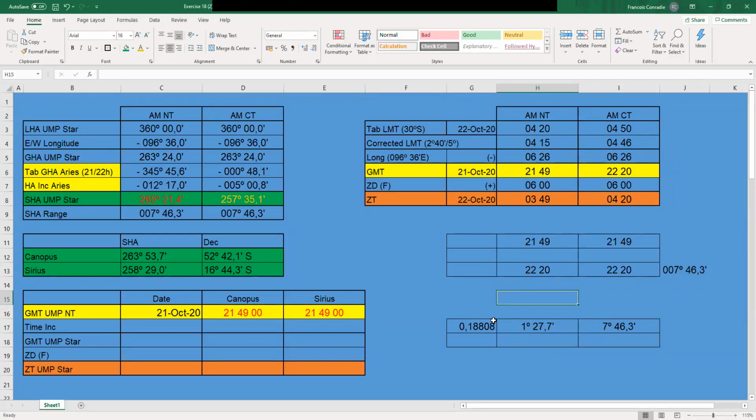So for 31 minutes, we take this 0.188 and multiply that by 31, and you're going to get 5.83 minutes. So if you use the HMS function with that 5.83, you're going to get 5 minutes 49 seconds.